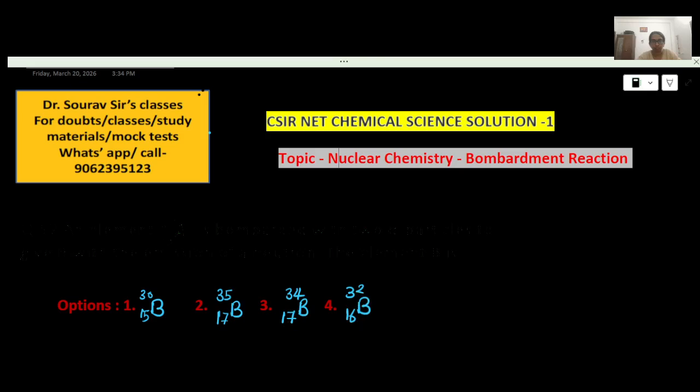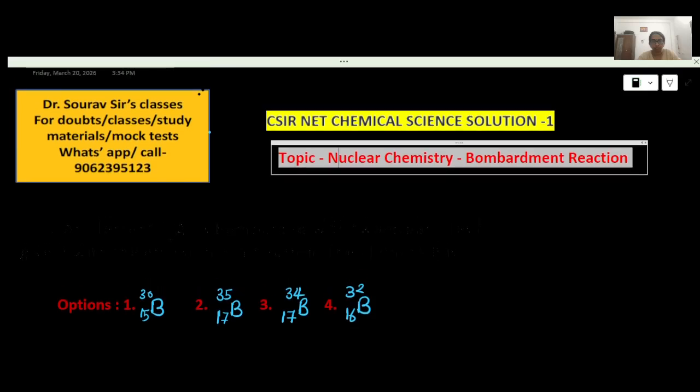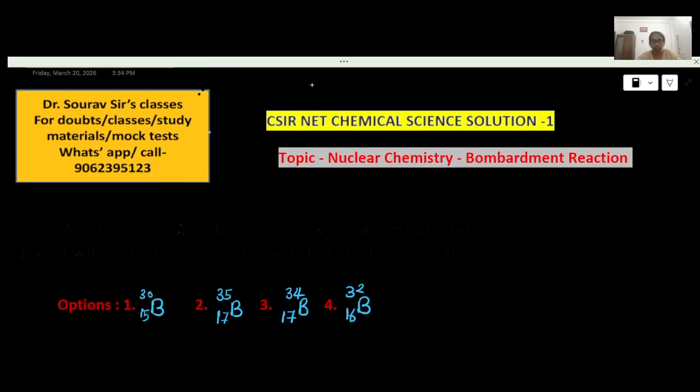So how to solve it? It is a simple nuclear chemistry question, and we can solve it with the help of an important rule of nuclear chemistry. What is that rule? Mass number and atomic number are conserved in a nuclear reaction.